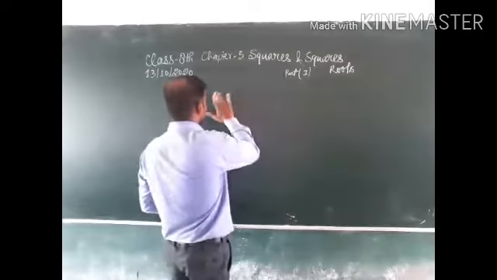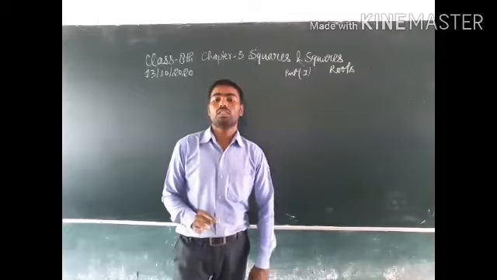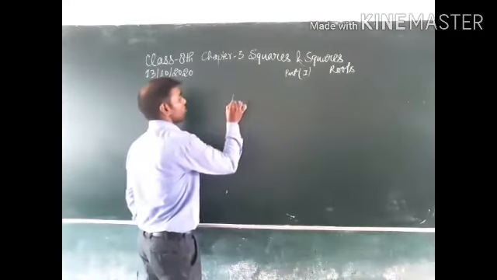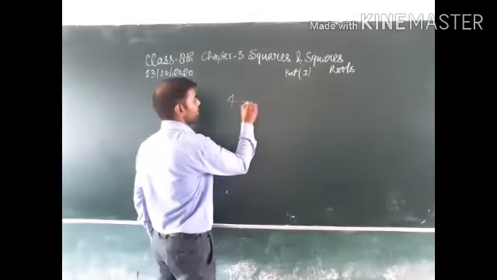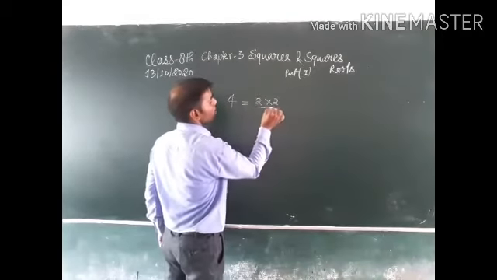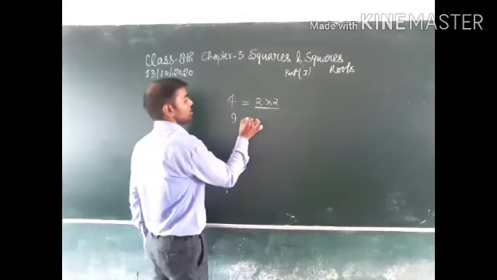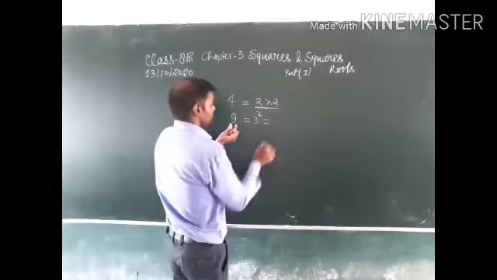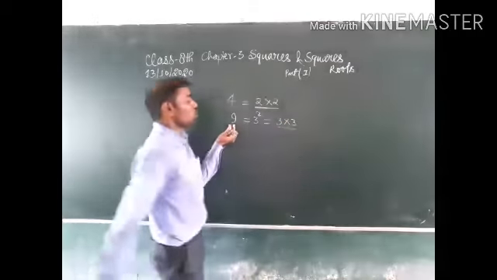The condition of a perfect square is also a pair of equal numbers. It means 4 is the square of 2, so 4 can be written as 2 into 2. This is a pair of the number 2. Similarly, 9 is 3 to the power 2, so 9 can be written as 3 into 3.